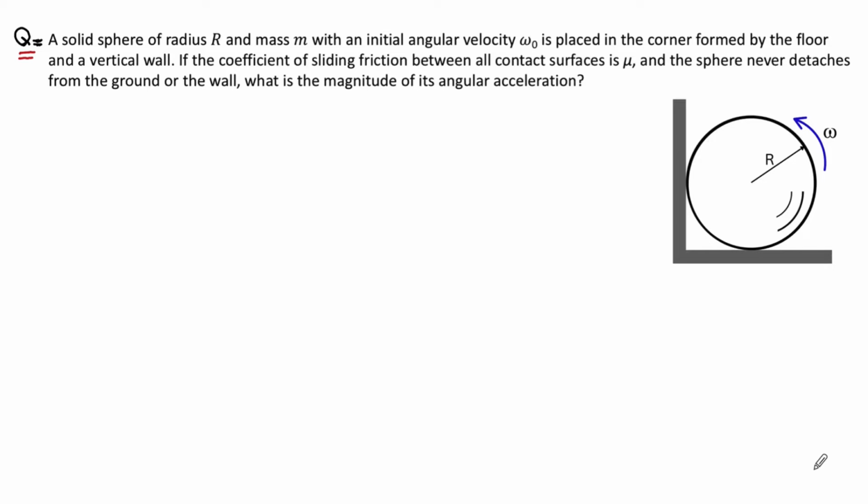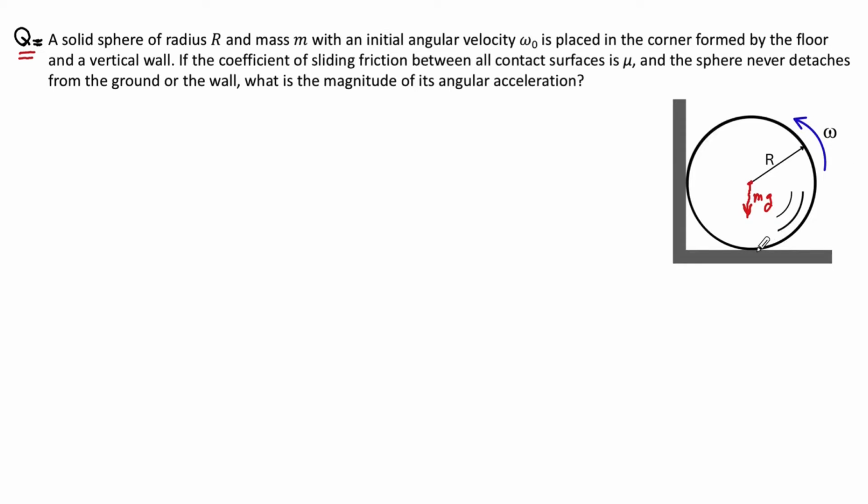Before we answer it, let's show the diagram of forces. The first force that we can show here is from the ground, exerting to the center of mass of this sphere towards downward. This is mg.